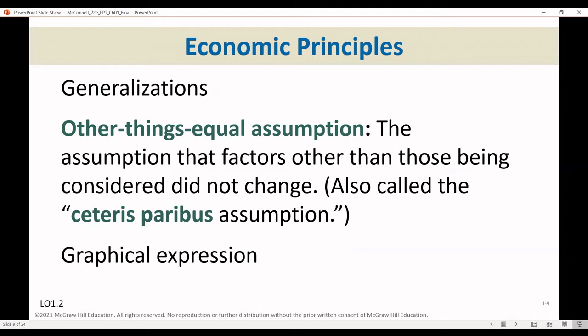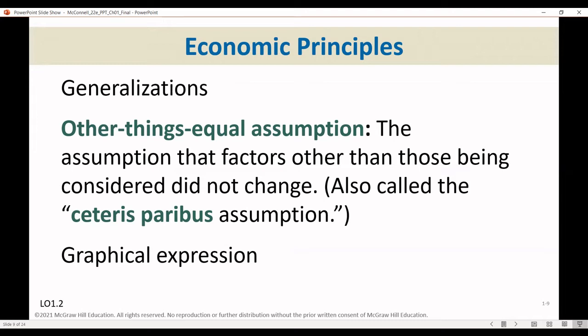So ceteris paribus is the assumption that I will refer to throughout the semester. So, other things equal, right? Other things equal, everything held constant, I want to study the price and the quantity. So I'm not going to look at anything besides those two variables, like color, like the future. I just want the price and the quantity.